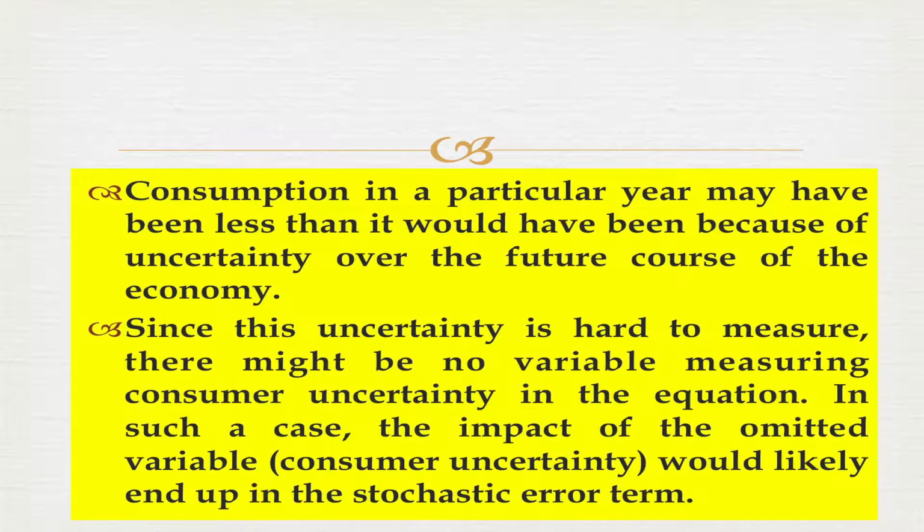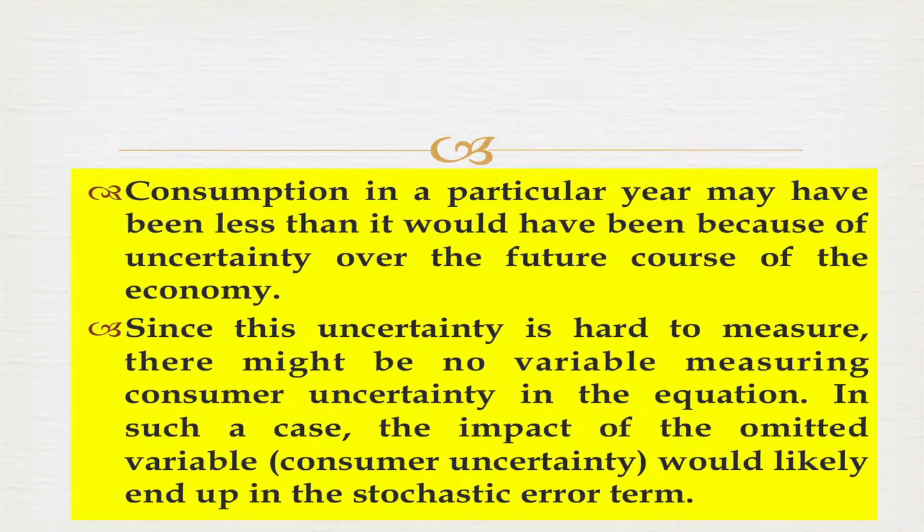Consumption in a particular year may be less than it would have been because of uncertainty over the future course of the economy. Since this uncertainty is hard to measure, there might be no variable measuring consumer uncertainty in the equation.